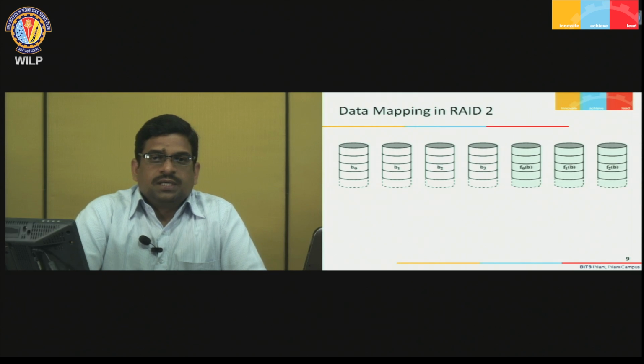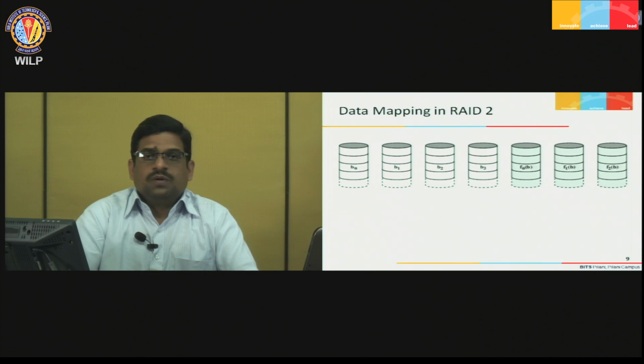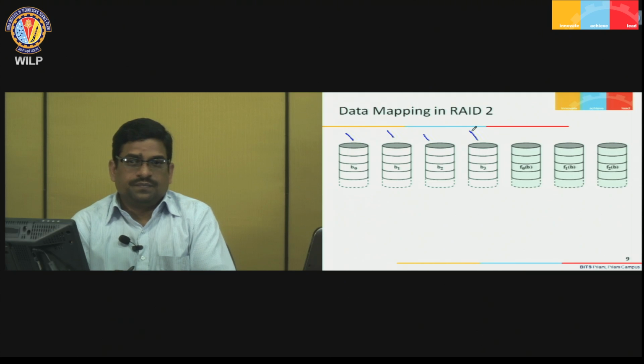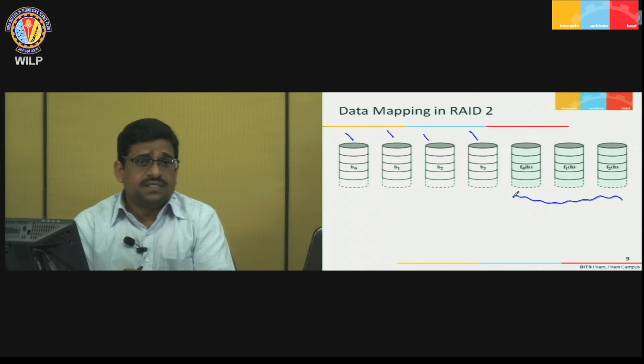Come to the next RAID level, RAID 2. In this diagram you can see there are 4 data disks and 3 redundant disks. In the redundant disks, not exactly a replica of the data is stored.